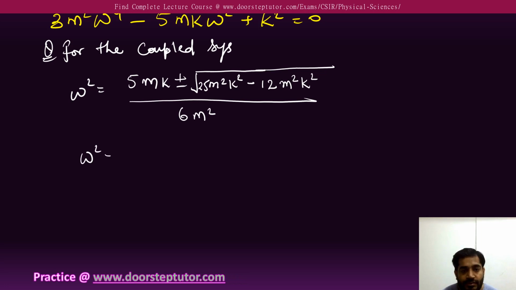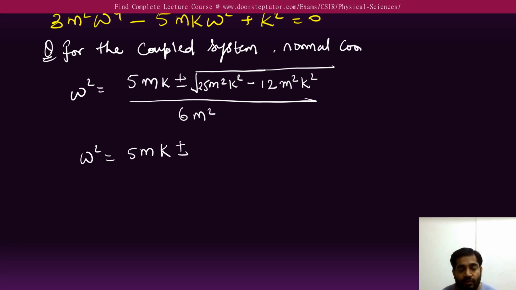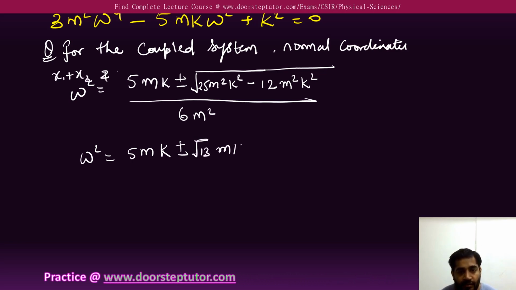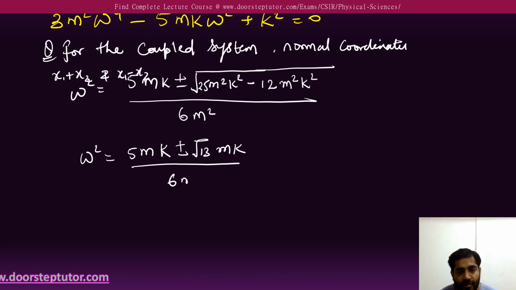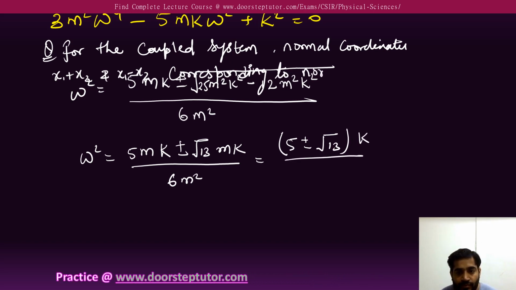Solving this, it's 5mk plus minus root 13 mk over 6m square, or 5 plus minus root 13 times k by 6m.